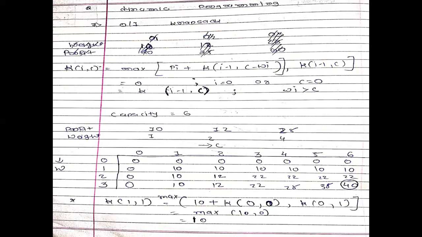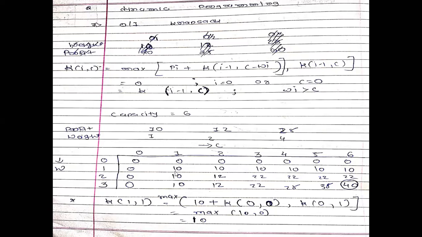Done? So I will upload this PPT. Try by yourself, calculate the example. At the initial level this table will be empty. After the solution, you will complete your table. Okay? So that is about your 0-1 knapsack problem.